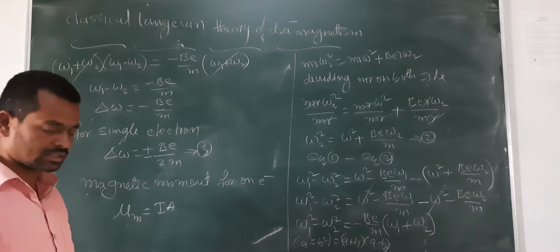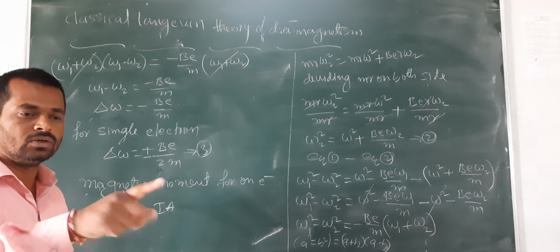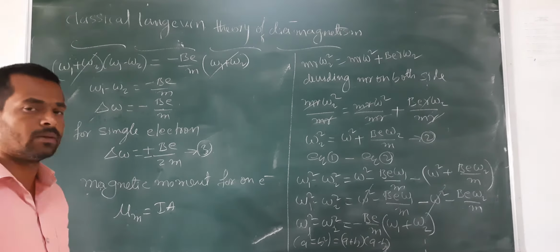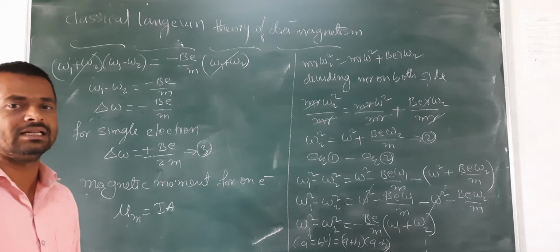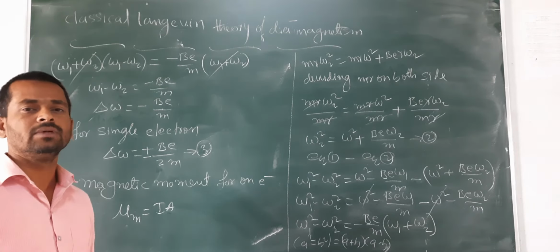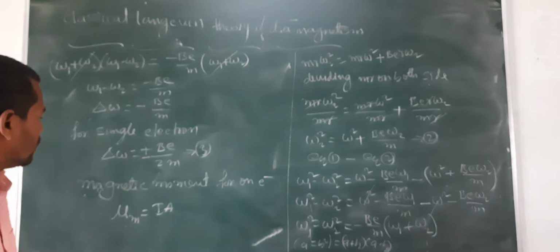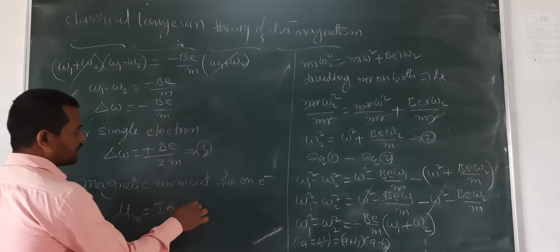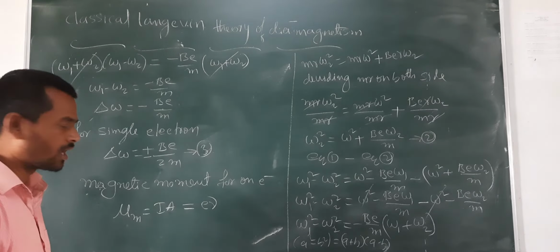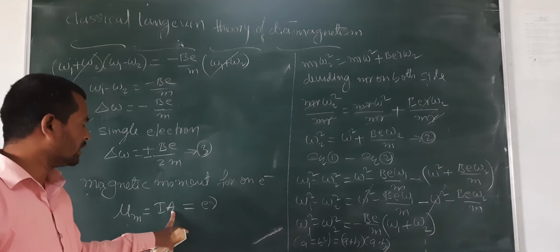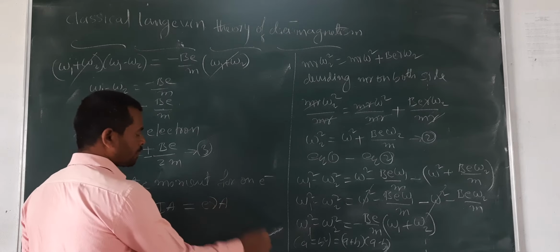That is how much current is flowing around the nucleus in a path, and the area of that path or circle. Why? Because that path can be considered as a circle. And this again can be written as I equals e nu, so mu m equals e nu into A.